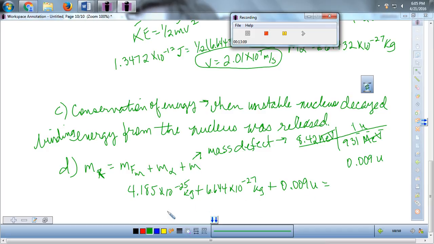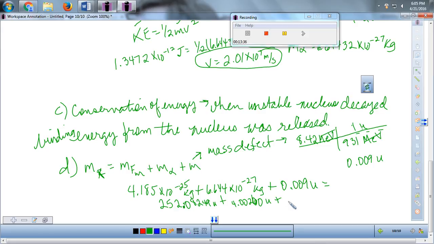These are kilograms and those are U's, so let's get this fermium mass in U's, and they gave it to us as 252.08249 U. And then they said that the alpha particle was 4.00260 U, plus 0.009 U from the mass defect.